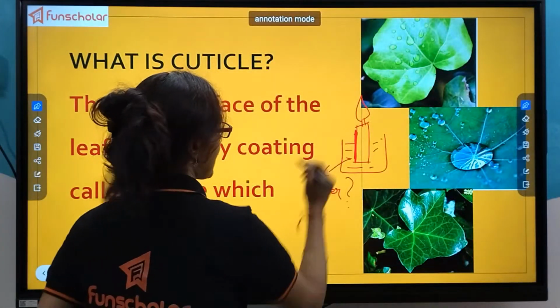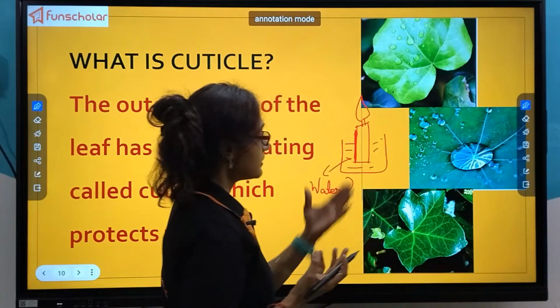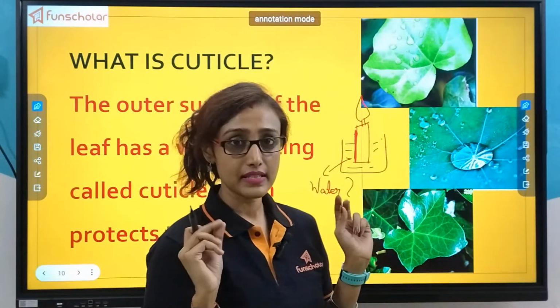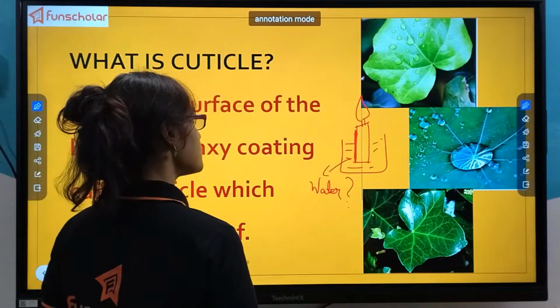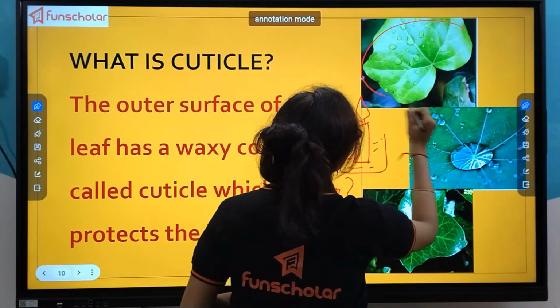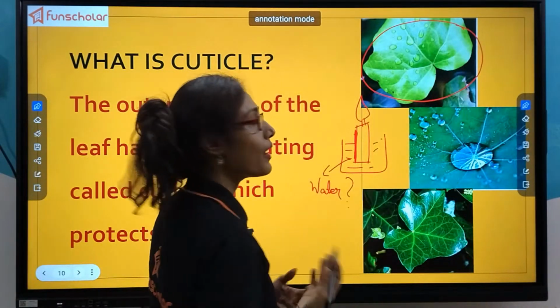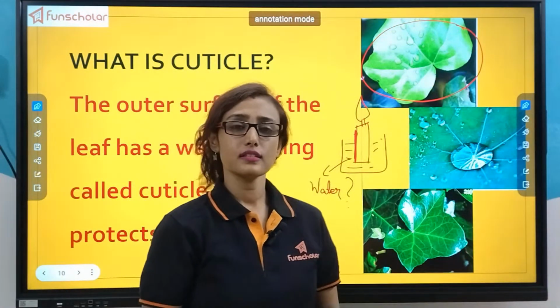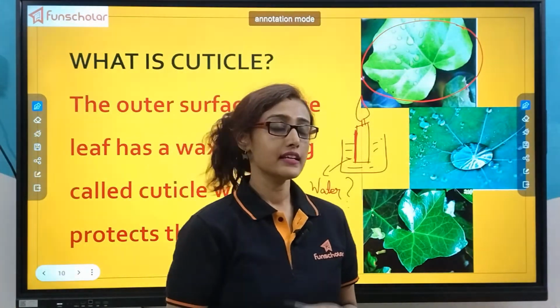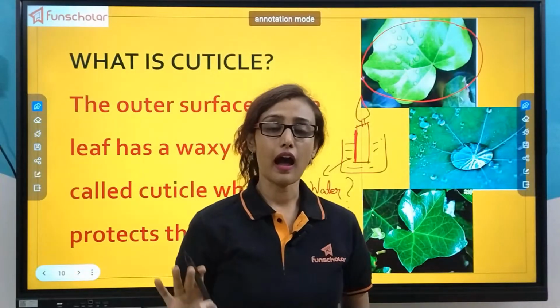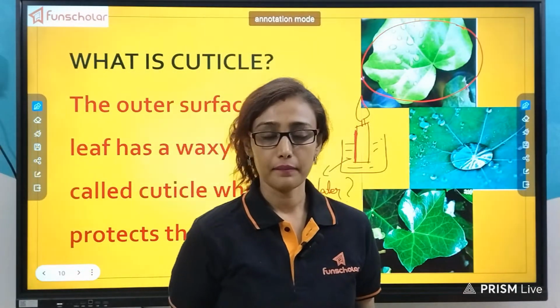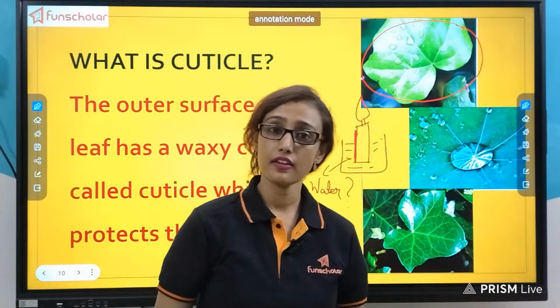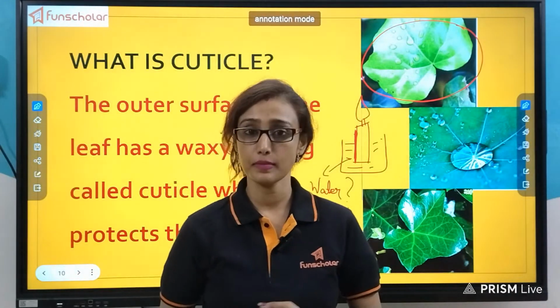So, this type of waxy coating that is present in the candle is also present in some leaves of the plant. Okay, why ma'am? Because leaves do not grow only in our plain area. Leaves and trees are found everywhere on this planet.